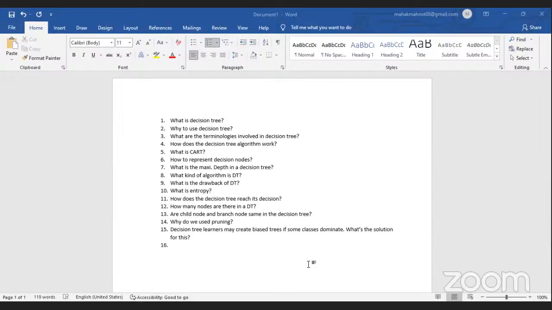Decision tree learners create biased trees if some classes dominate. It is therefore recommended to balance the data set prior to fitting with the decision tree. What does that mean?